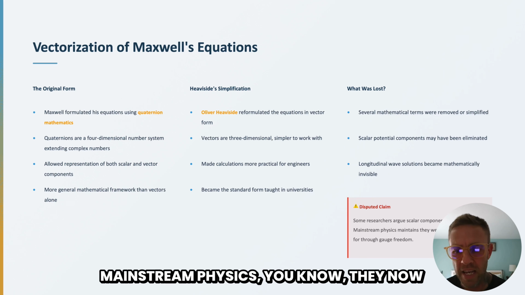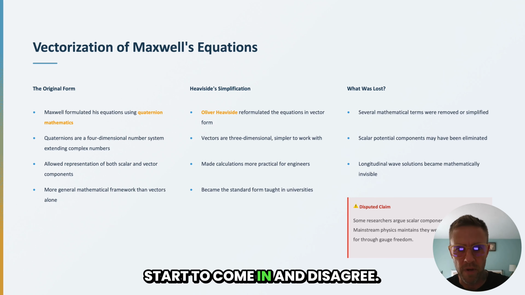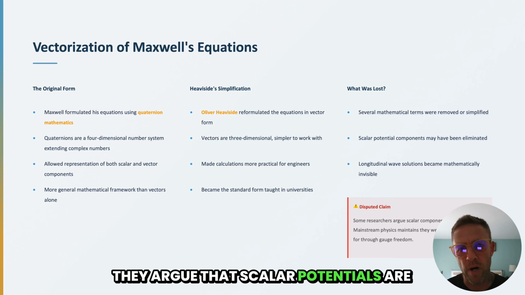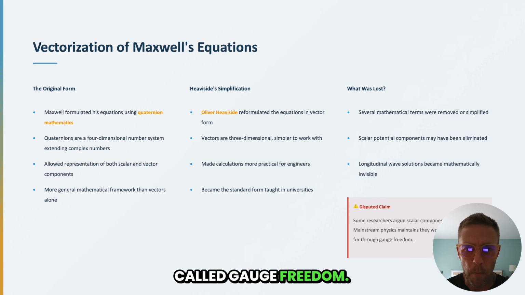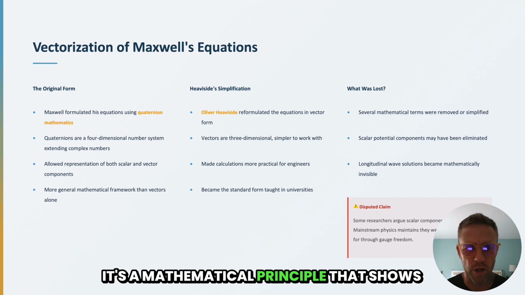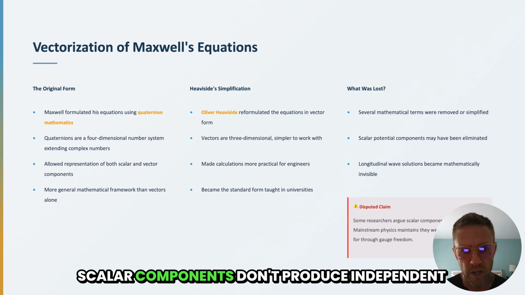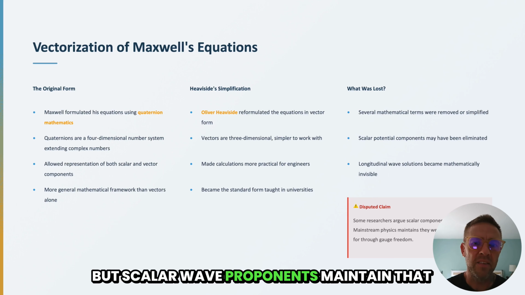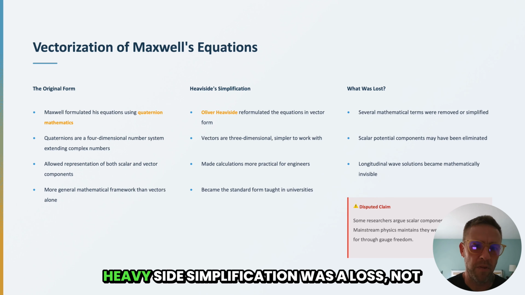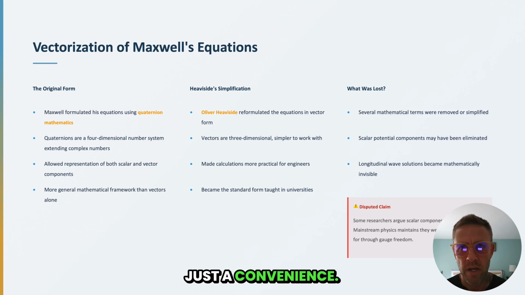Mainstream physics now starts to come in and disagree. They argue that scalar potentials are properly accounted for through something called gauge freedom. It's a mathematical principle that shows scalar components don't produce independent waves in free space. But scalar wave proponents maintain that Heaviside's simplification was a loss, not just a convenience.